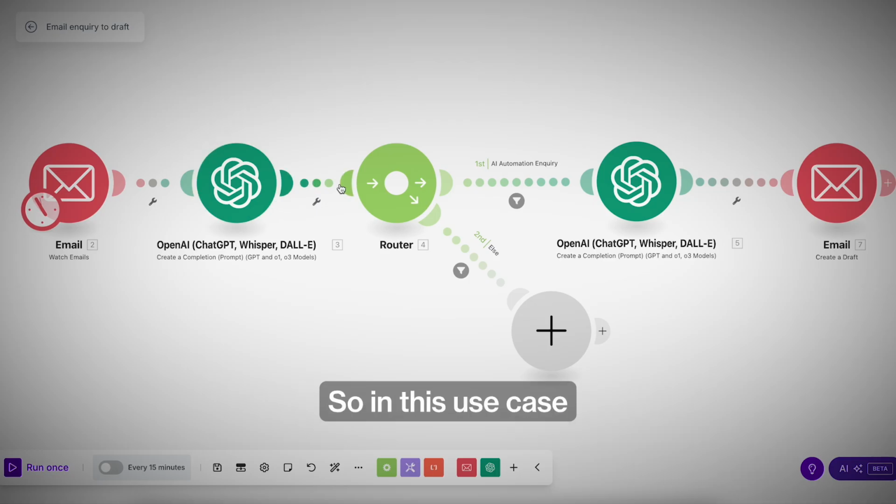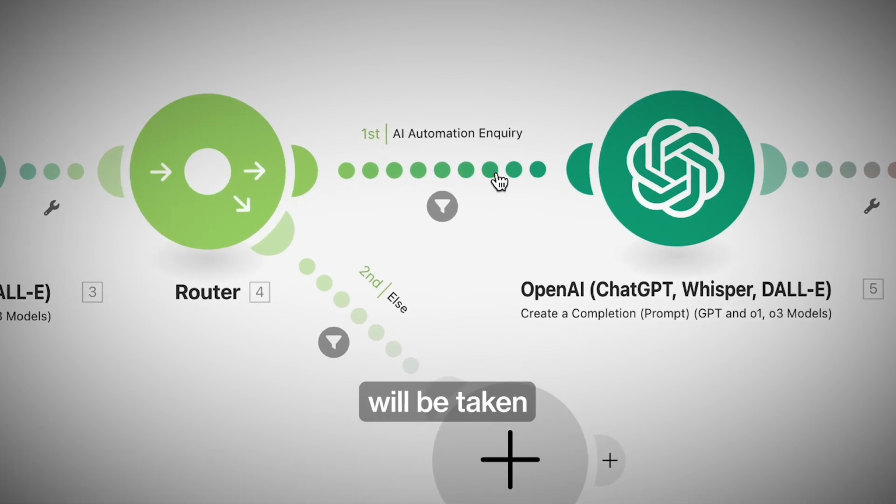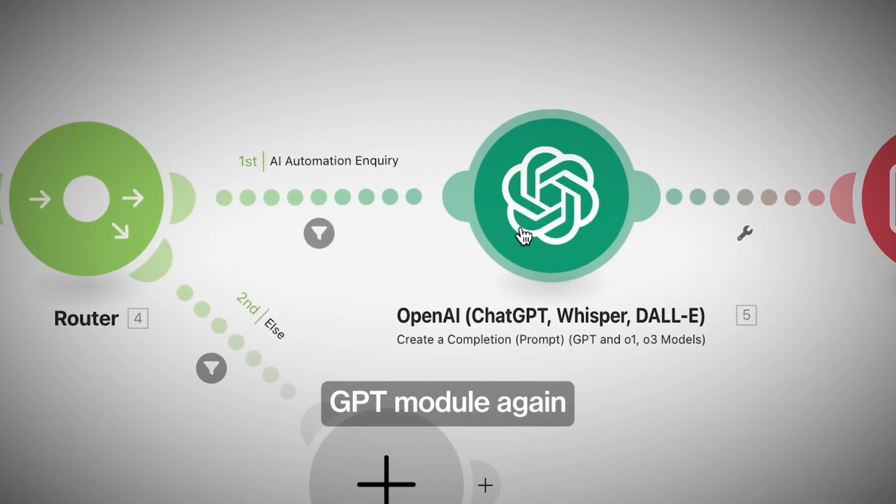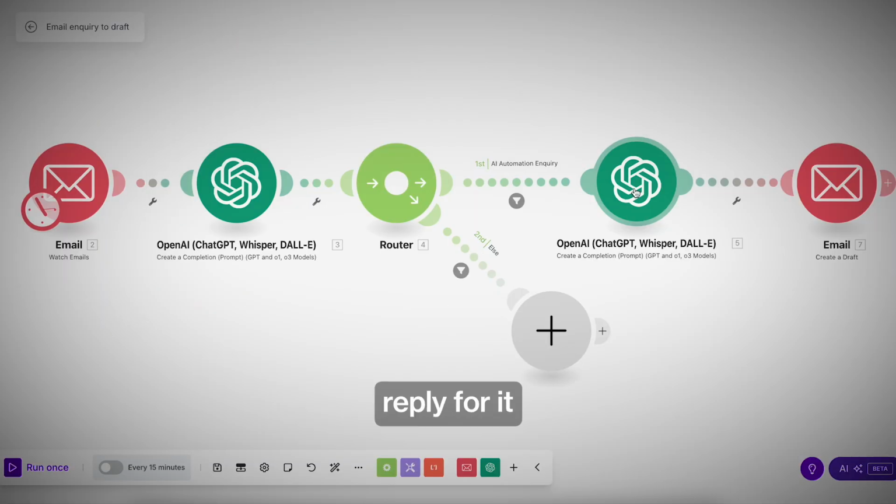So in this use case, if it is an AI automation inquiry, then this pathway will be taken. Otherwise, we can add more pathways. If it is an AI automation inquiry, then I'm calling a ChatGPT module again to write a reply for it, and finally put it as a draft in my inbox so I can just review it before sending.